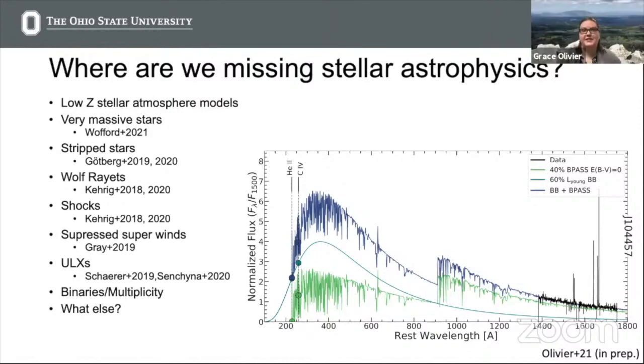Definitely. So we've checked the BPT versions that we have of these line ratios, and they do still look like they fall into generally star forming areas of the BPT diagram. However, it could be that there are weak AGN in these things.